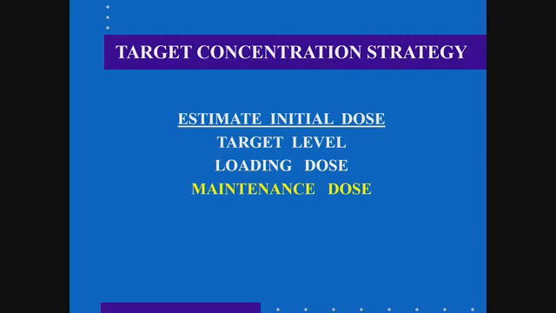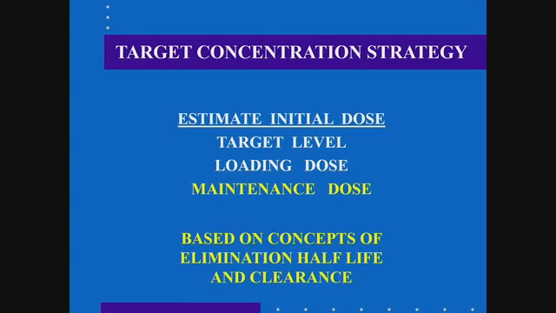So now, if we want to continue treatment, we have to select a maintenance dose. So what are the principles that apply here? In order to estimate the maintenance dose, we need to understand the concept of elimination half-life and elimination clearance, clearance being the other primary pharmacokinetic parameter we referred to a moment ago.